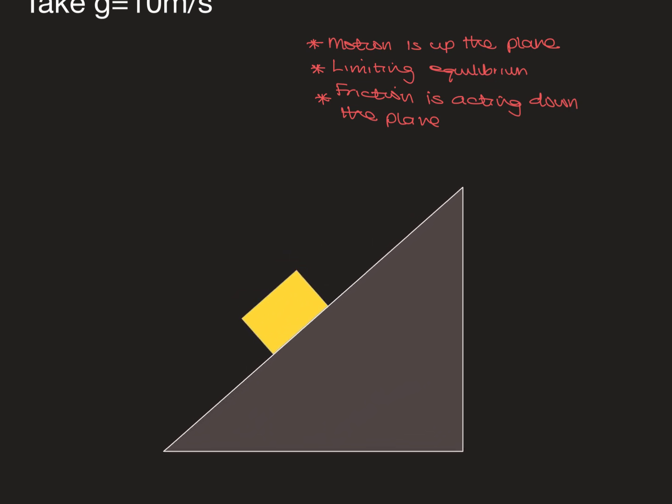This is our diagram. The body has a mass of 6 kilograms. It's on a rough plane that is inclined at 30 degrees to the horizontal. The forces that we have parallel to the plane, we said one of them is mg sine theta. And since the body is moving up the plane, friction has to act in the opposite direction.